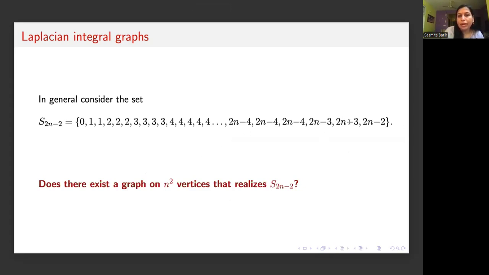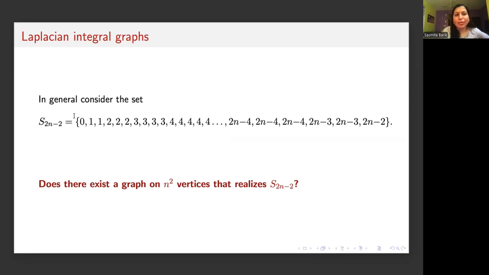Here you can observe that there will be n squared numbers. So can there be a graph on n squared vertices that realizes S_{2n-2}? So this set is the spectrum for some graph. Does there exist any graph with this as its Laplacian spectrum?